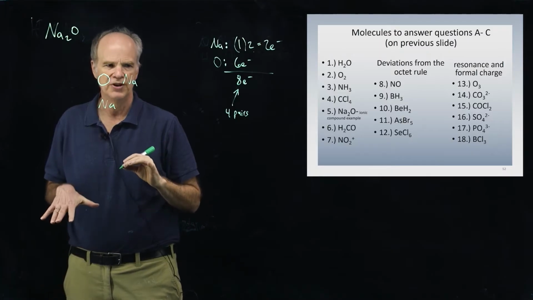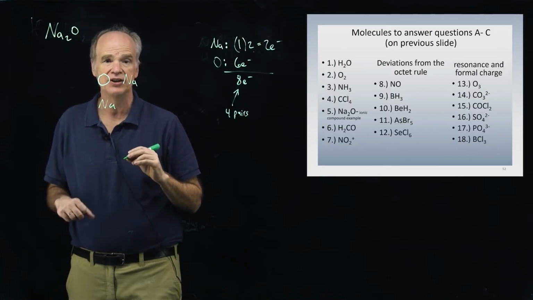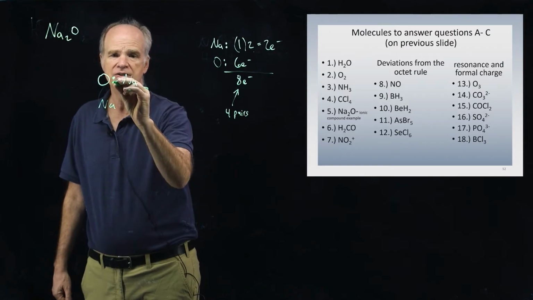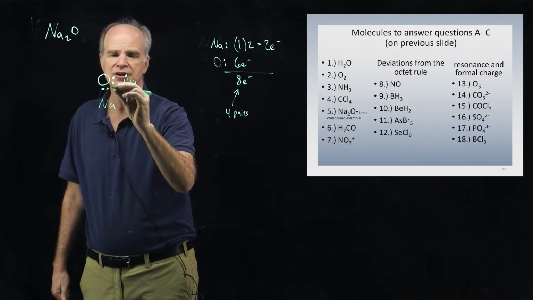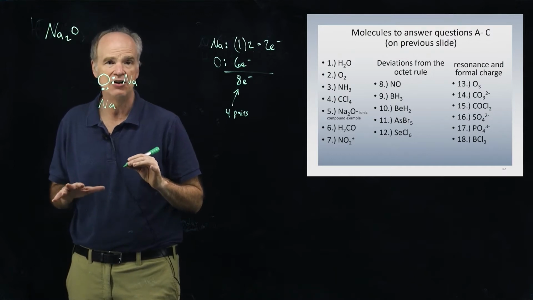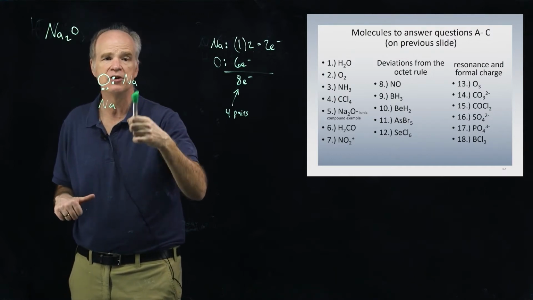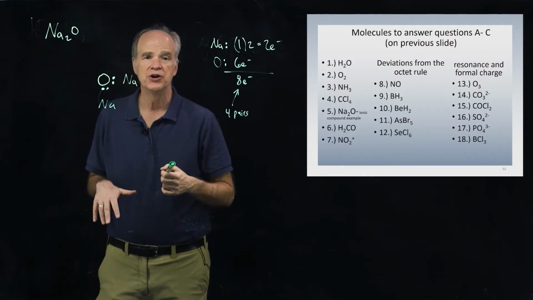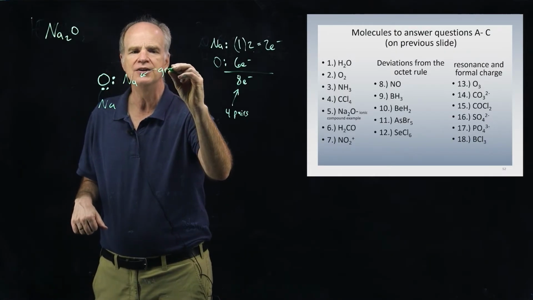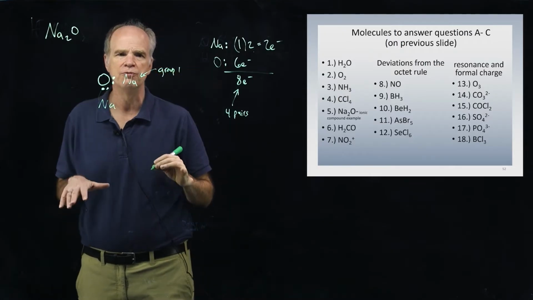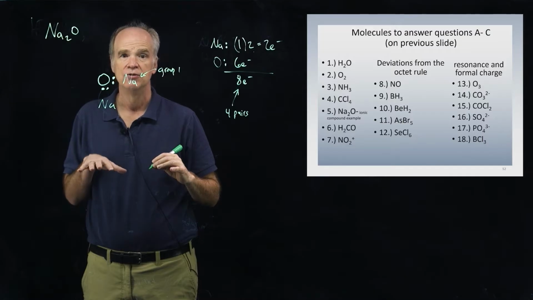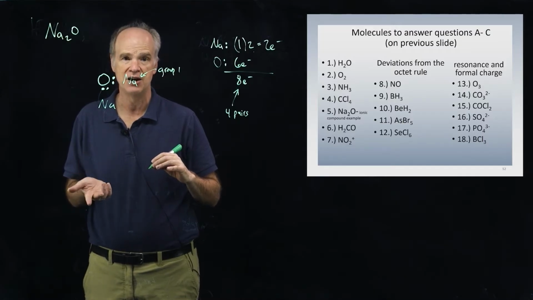Now let's go ahead and put in the 8 valence electrons. And so 4 pairs, so there's a pair here that goes here, a pair here that goes here. So one of the things you might ask is, how about the other pairs? Can we put other pairs around sodium? So sodium is a little bit unusual. It's in group 1, and all the group 1 elements can be stable with just a pair of electrons.